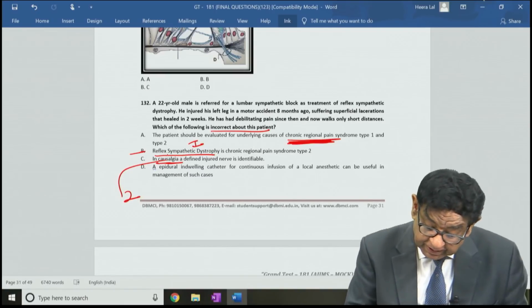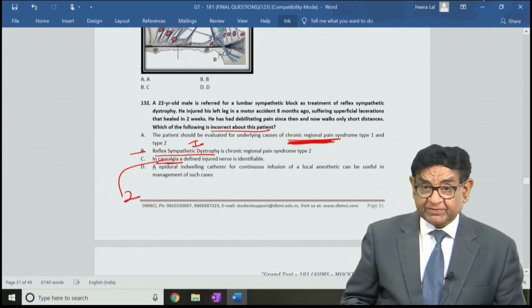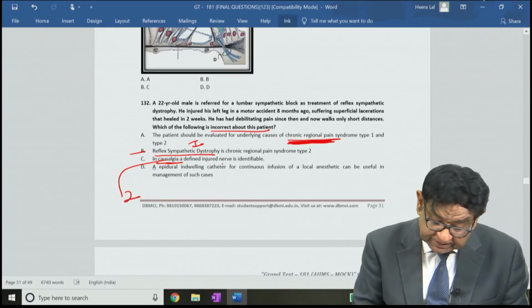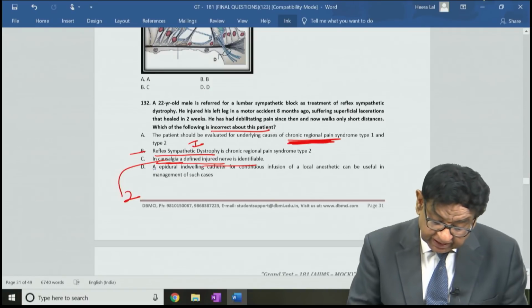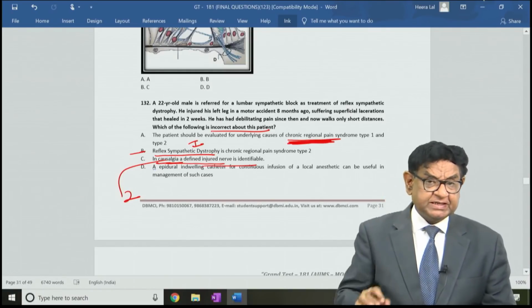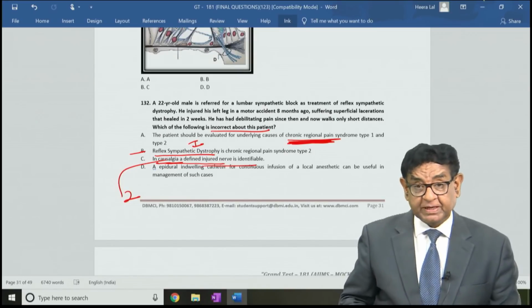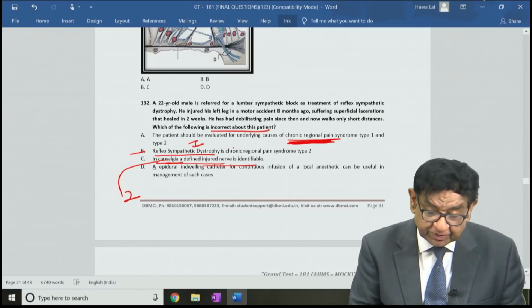Whenever we have this type of patient, whenever injury is there, we always investigate for type 1 and type 2. Causalgia is defined as nerve injury being identifiable. Whenever nerve injury occurs, that we call causalgia, or so-called chronic regional pain syndrome type 2. And here we have reflex sympathetic dystrophy, which is type 1.